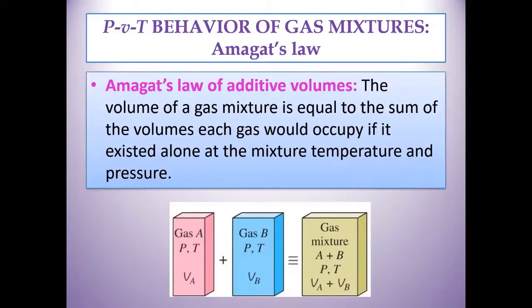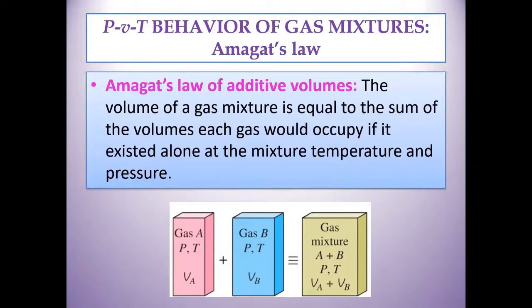Another law is Amagat's law, which is a little bit different. The assumption in Amagat's law is that when you have a mixture of, let's say, in this case, two gas components, the temperature of each gas is the same as the mixture temperature, similar to the previous law. But in this case, the gases are treated as though they have the same pressure as the mixture.